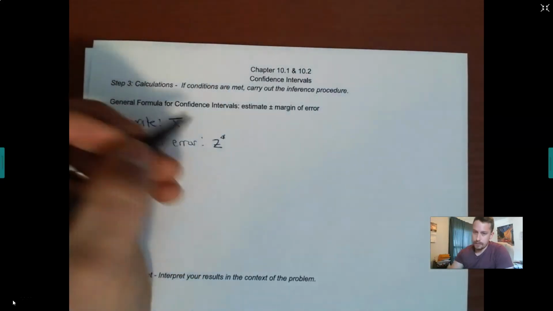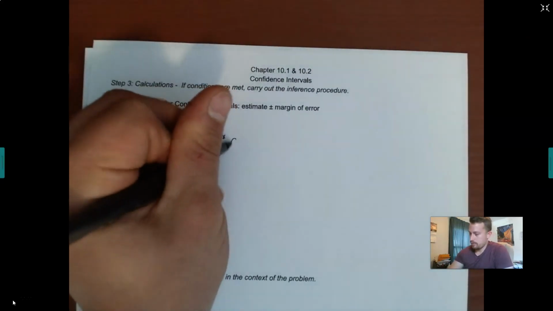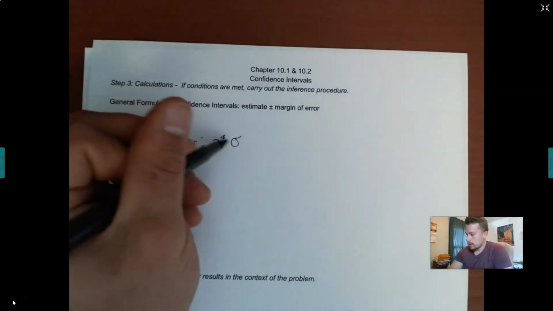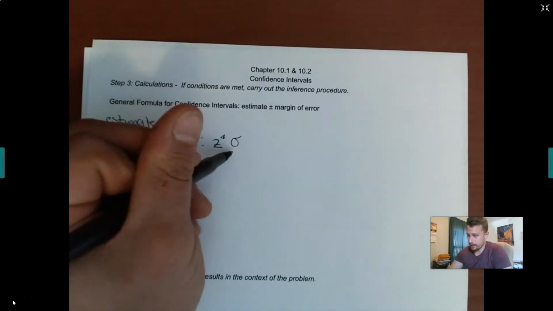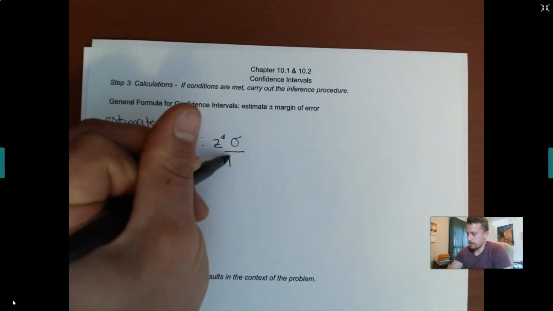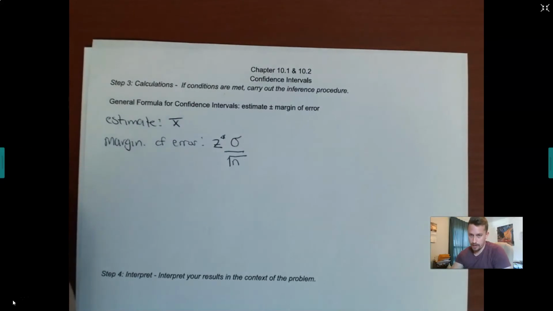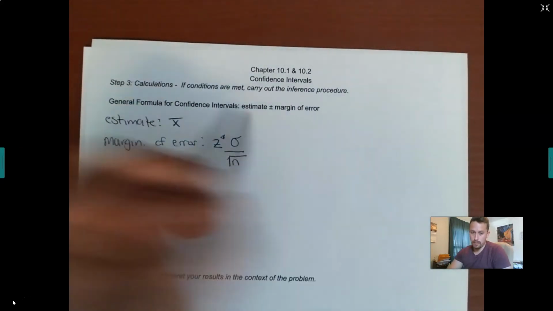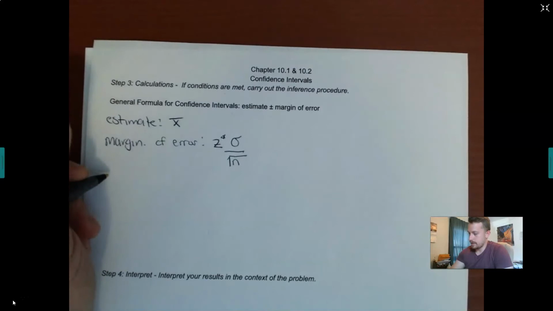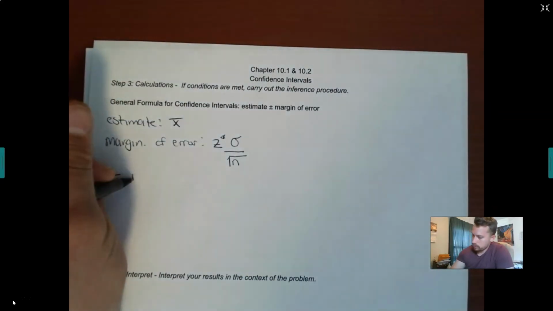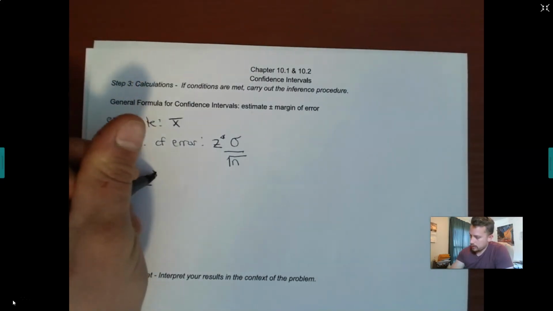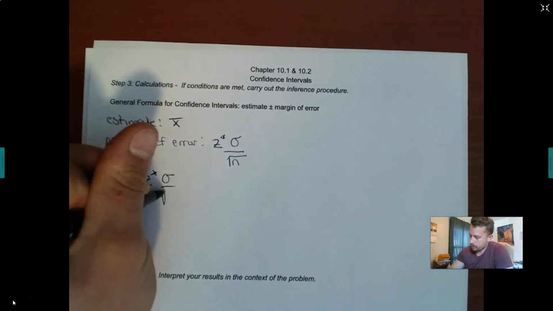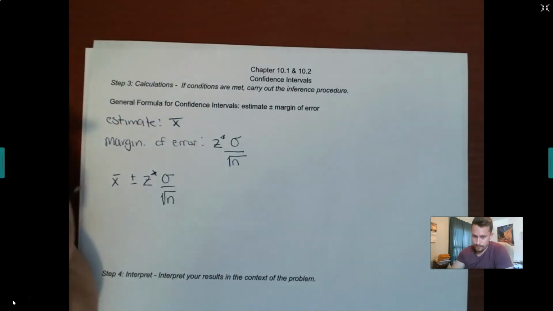We're not going to get deeply into what that means, but I will tell you how to use it, times sigma, which is the population standard deviation, divided by square root of the sample size, which is lowercase n. So, basically our formula for confidence intervals of a mean is x bar, which is our estimate, plus and minus the critical value z times sigma divided by square root of n.